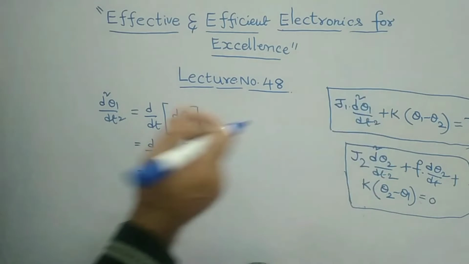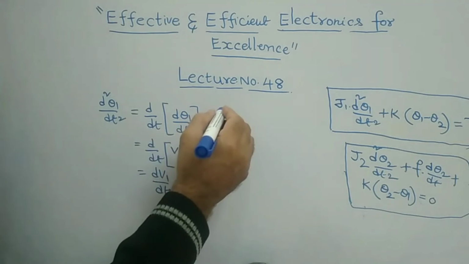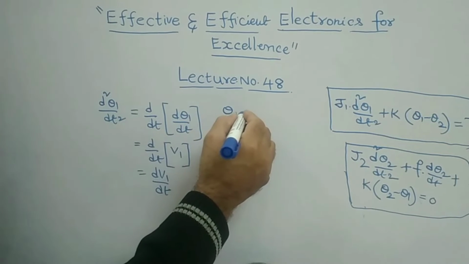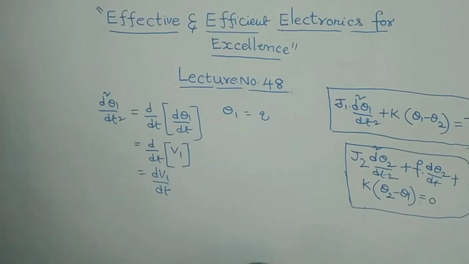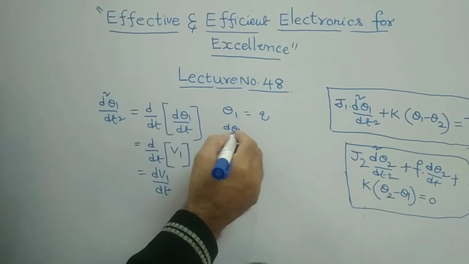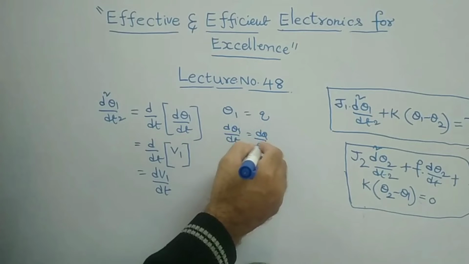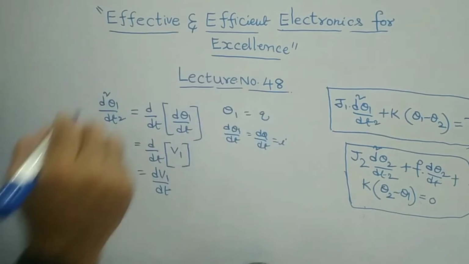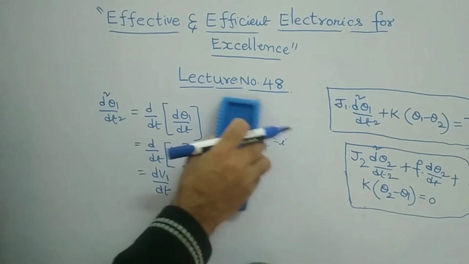In the force-voltage analogy, theta 1 is definitely equal to Q, and d theta 1 by dt is nothing but dq by dt, which is further I. So it is actually di.